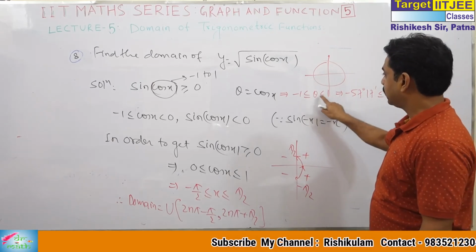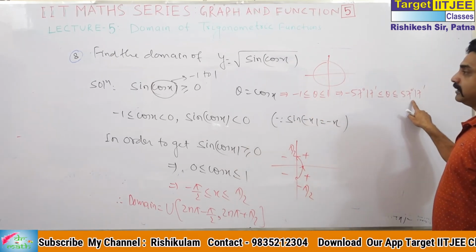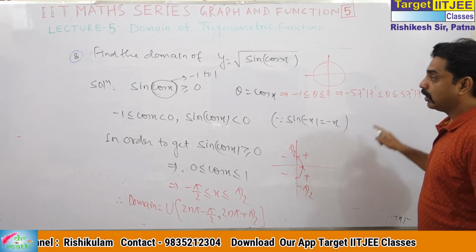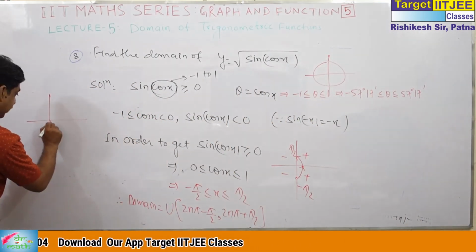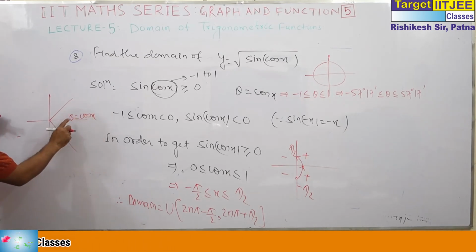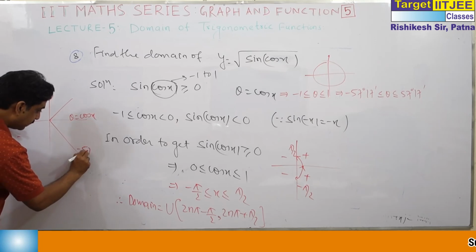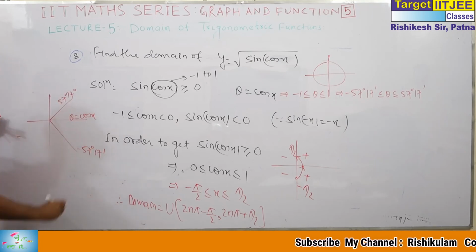Be careful, this is in radian. So what we conclude? If this is theta, the situation is like this. Theta is equal to cos x, but when we change it in degree, this is minus 57 degree 17 minute to 57 degree 17 minute.